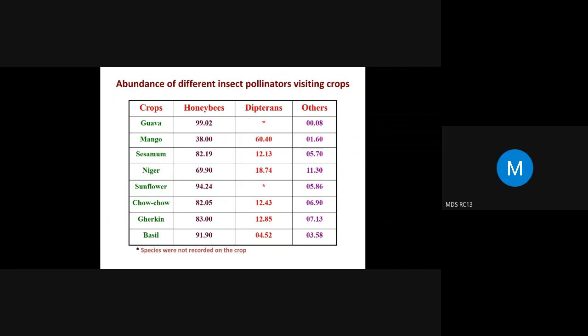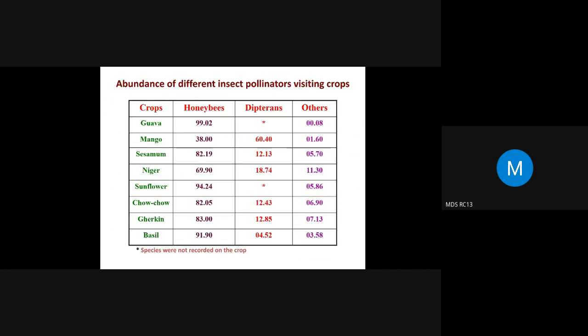And apart from bees, there are other orders of insects that also participate in crop pollination. That is, dipterans include the flies. It's an order of housefly, hoverfly, and other flies.